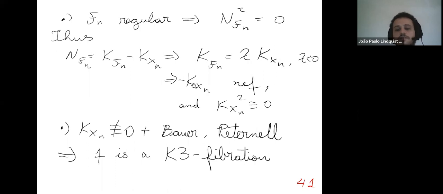In particular, minus K_{X_n} is nef as well, and the square is 0. So using the result I presented by Bauer and Peternell on the characterization of nef reduction, in our case I have to make some other remarks here, but I don't have time. So in the end, we show that F is a K3 fibration, the nef reduction.